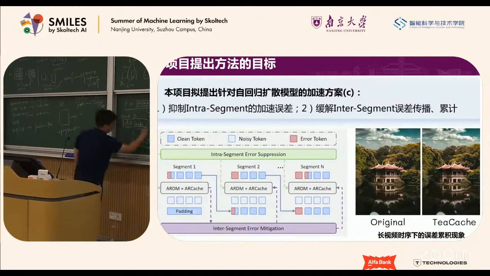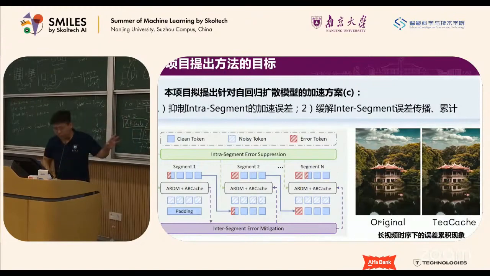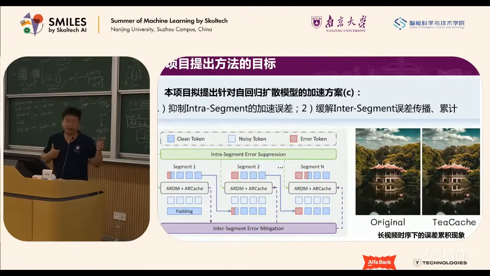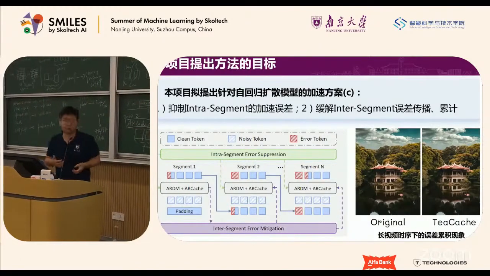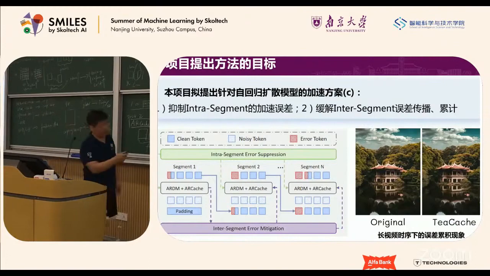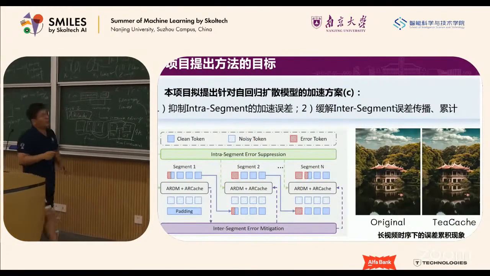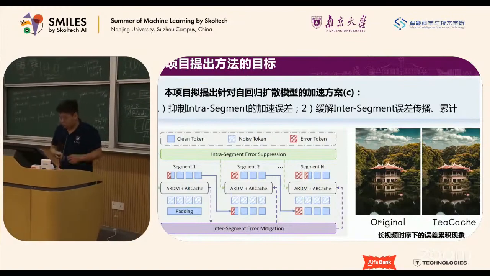Here is the framework for our AR-Cache, which has two parts. The first part is the intra-segment error suppression. This part is to reduce the accumulated error inside a segment.